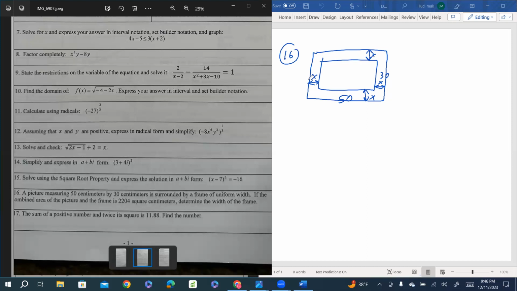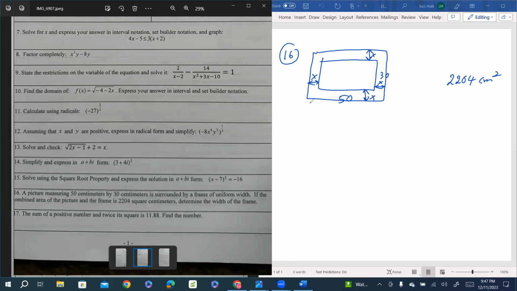If the combined area of the picture and the frame, so the whole area, is 2,204 square centimeters, determine the width of the frame. So we want to find what x is. The picture is 50 by 30, but it has a uniform frame.